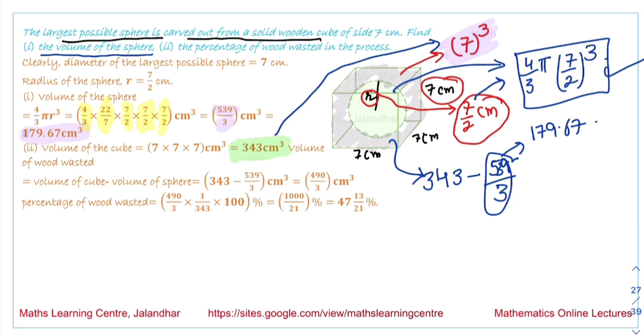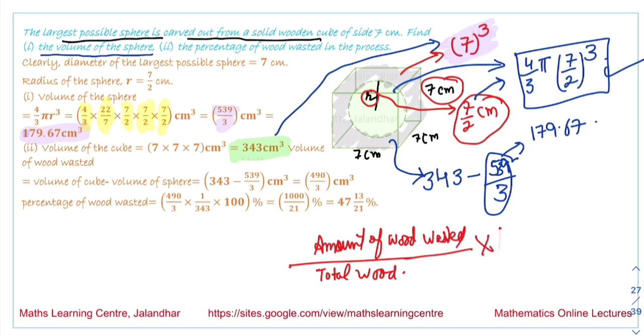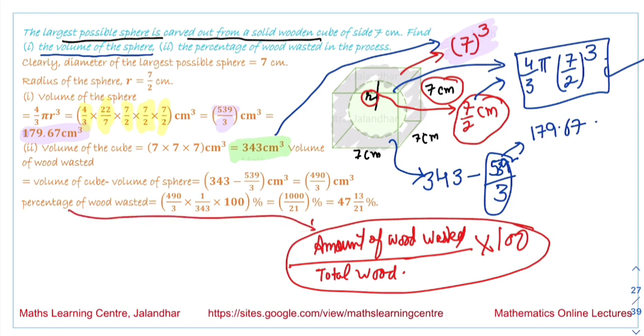We divide the amount of wood wasted by the total wood we have and multiply by 100, and this gives the percentage. On substituting, the difference of these two values, the amount of wood wasted, is 490 by 3.